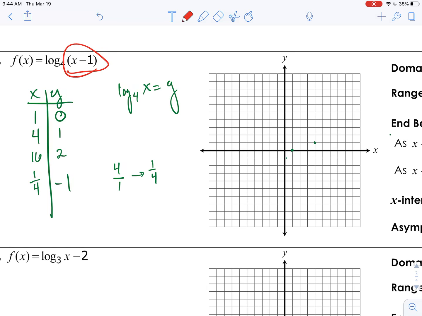And what kind of shift is happening here? Well, it's inside the parentheses, or it's with x. So you got to think opposite. So instead of left 1, we'll shift all of these right 1. And we can make some big dots here.